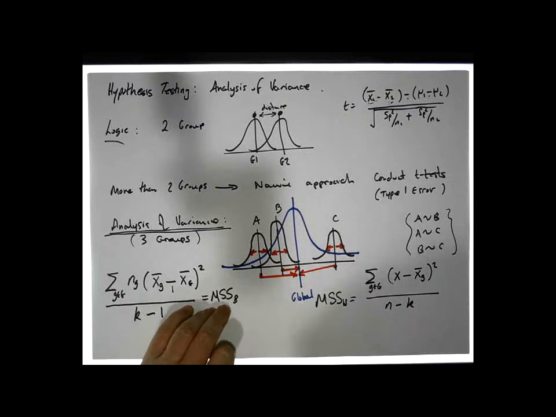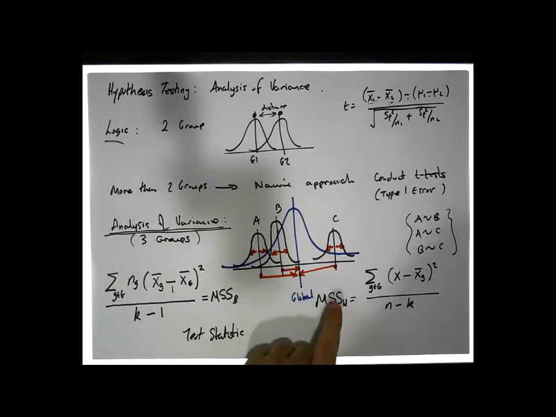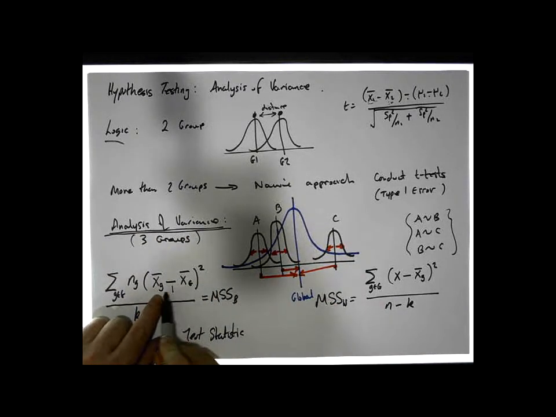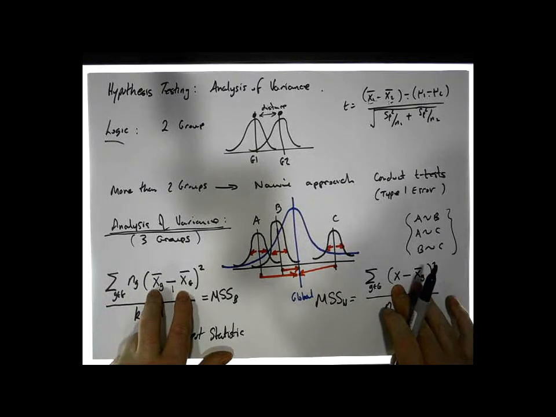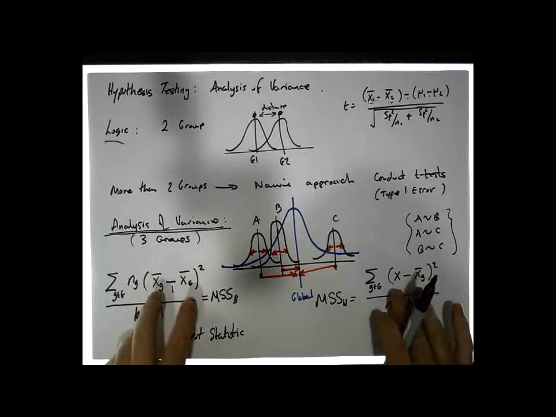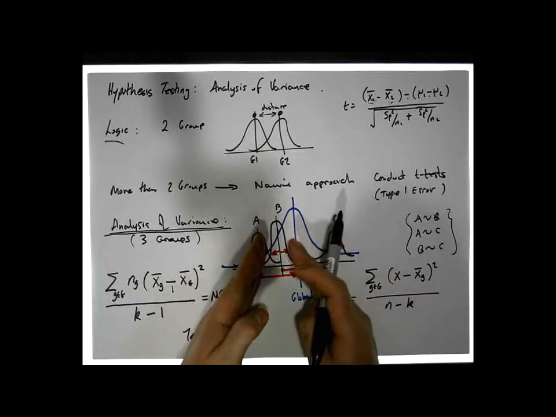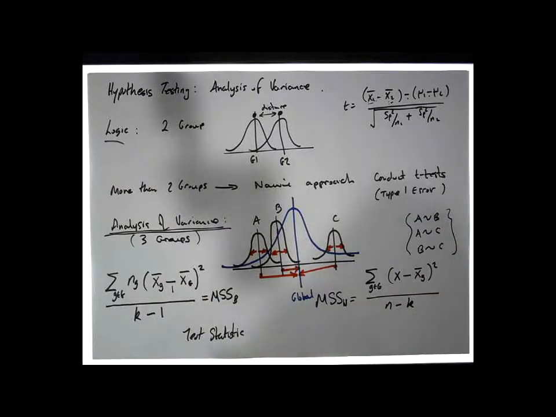So now what we end up with is our test statistic. And this is why this is called an analysis of variance, because there are variances being calculated in both cases. But hopefully you can see logically that by concentrating on these two different ways of measuring variance, effectively the question we're asking is, how far are the centers of the distributions apart from each other?